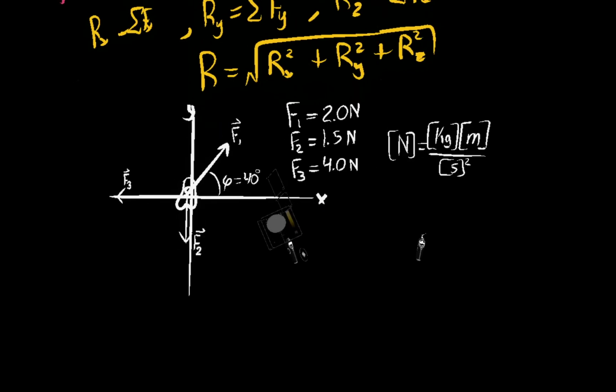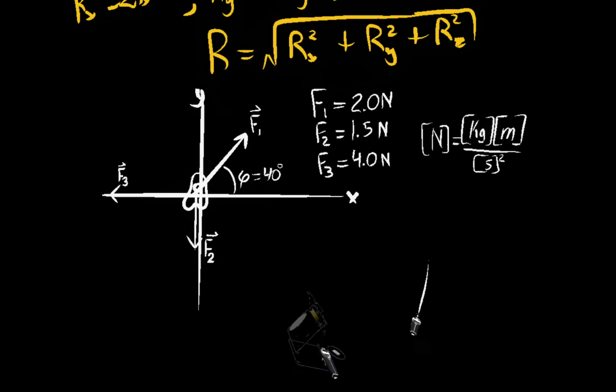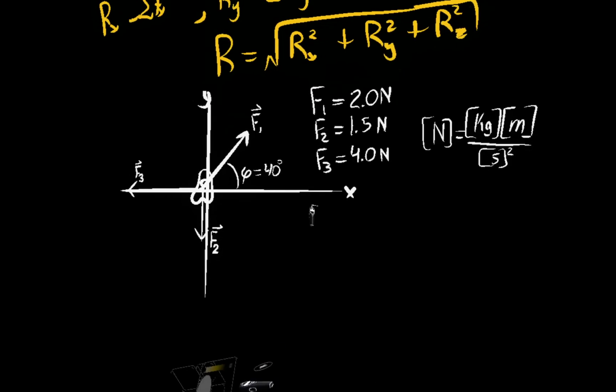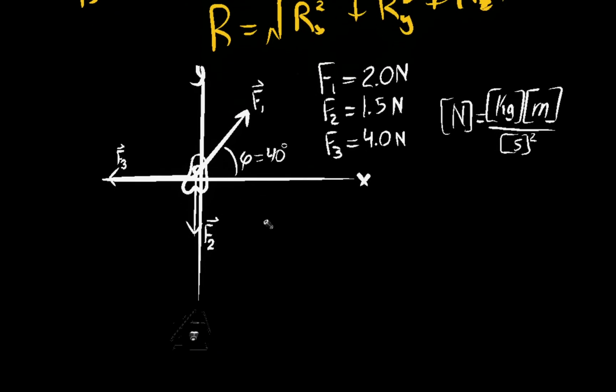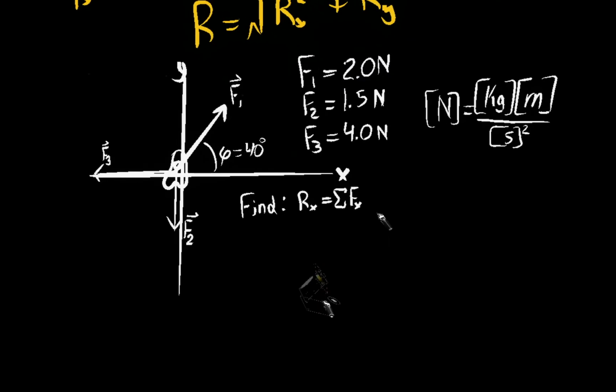So anyways, we have magnitudes of these forces. We have directions, right? A couple of them are right along the axes, so those are kind of easy. And then this one we have on some angle off of the horizontal, right? So what we want to find is Rx, the x component of the total resulting force vector, which is equal to the sum of the forces in the x.